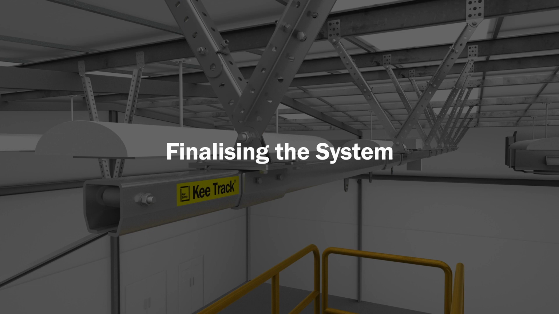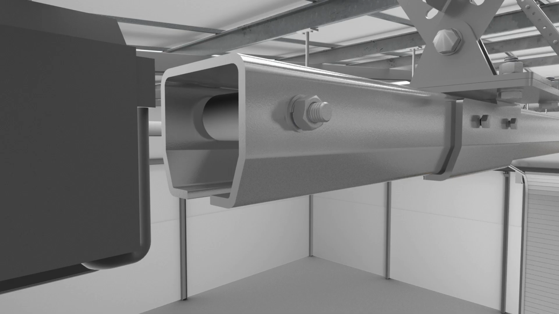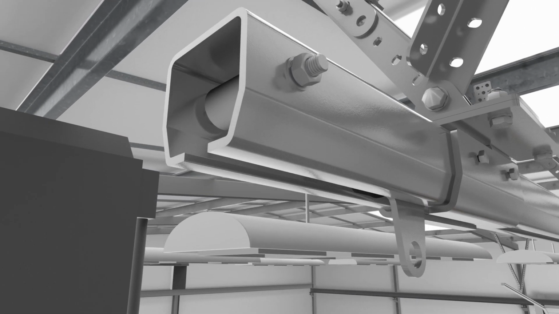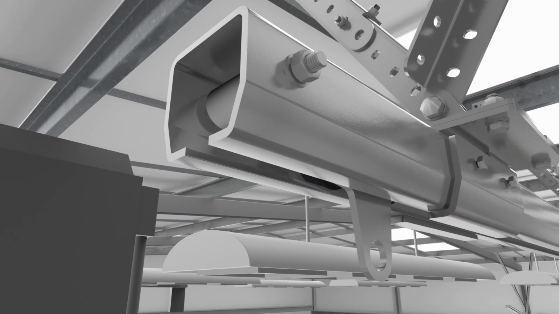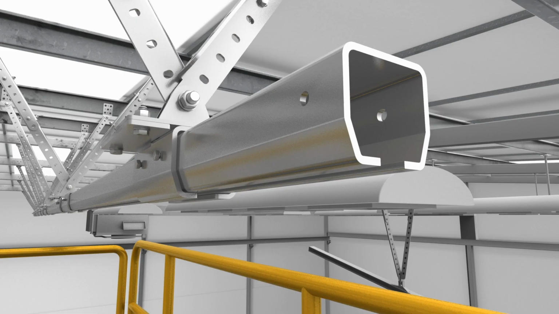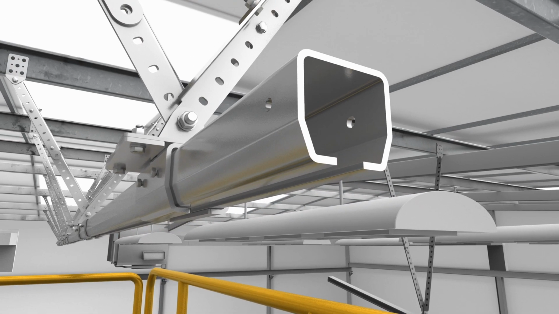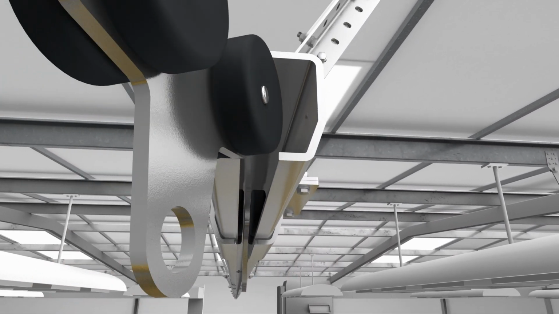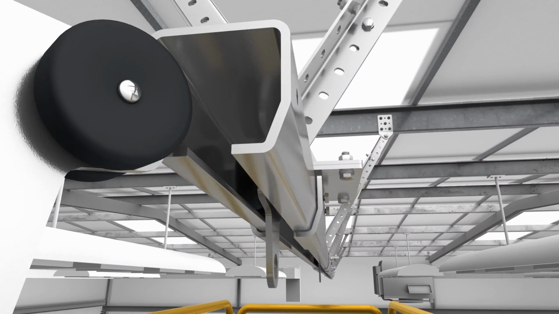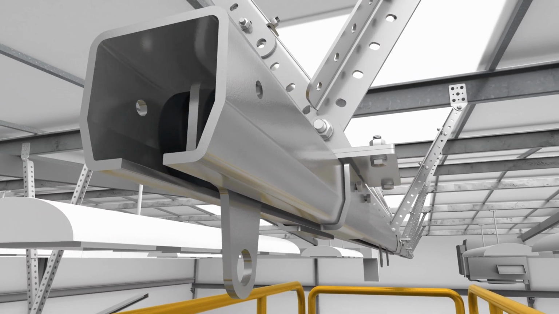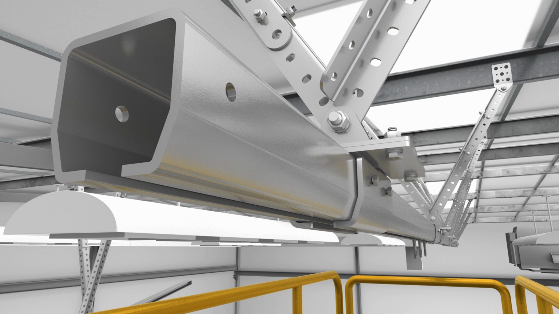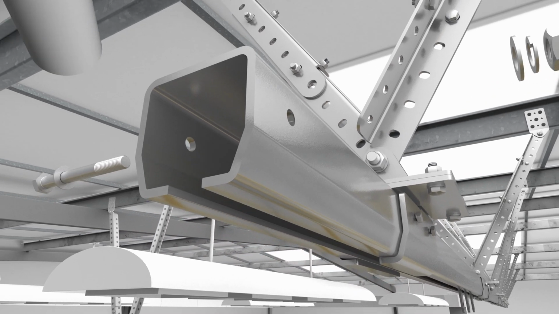Finalizing the system. Ensuring the initial extremity end stop buffer assembly is installed, referring to the system design specification, slide the corresponding number of Kee Track trolleys into the open section of rigid rail. To retain the Kee Track trolleys within the rigid rail, install the second end stop buffer assembly.